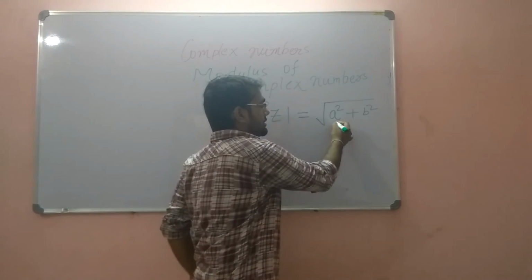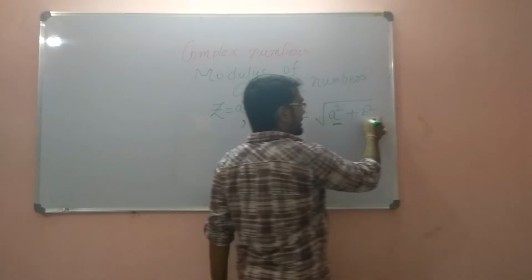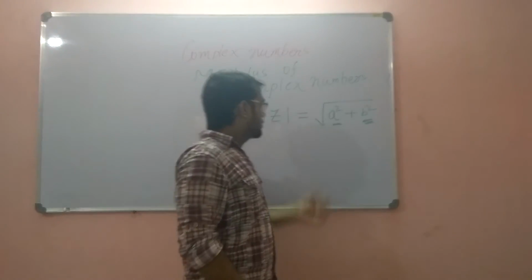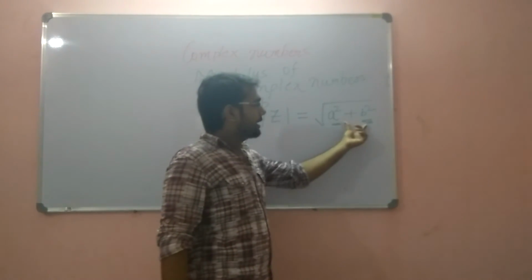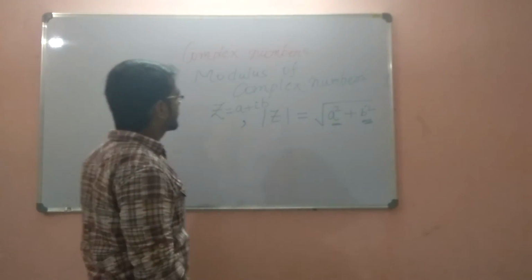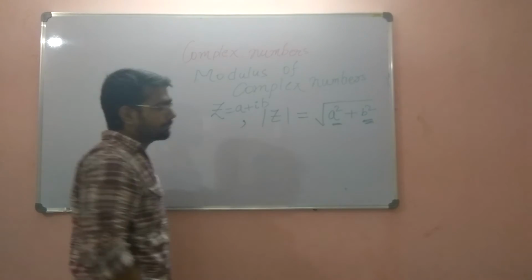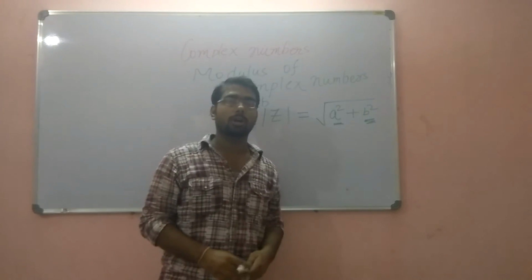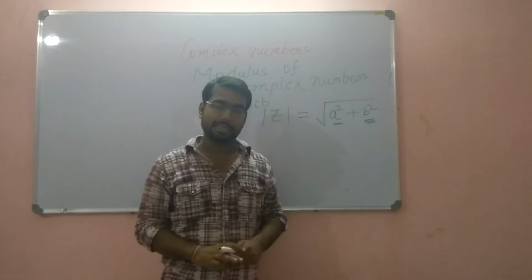This is the real part squared and this is the imaginary part squared, right? So when we square these two values and then take the square root, we get the modulus of the complex number. In the next video I will talk about the modulus of complex numbers in detail.